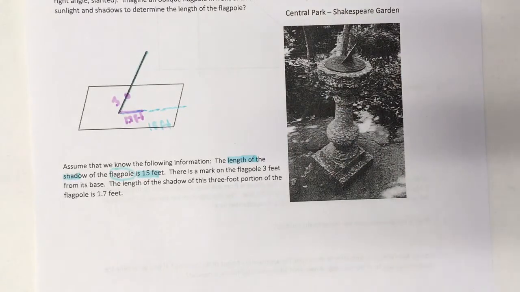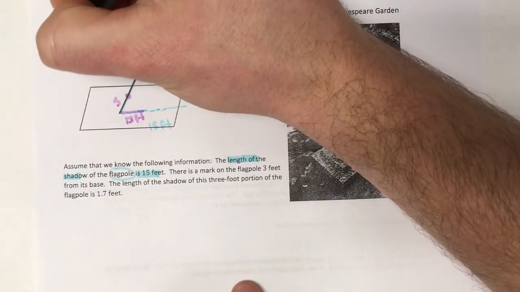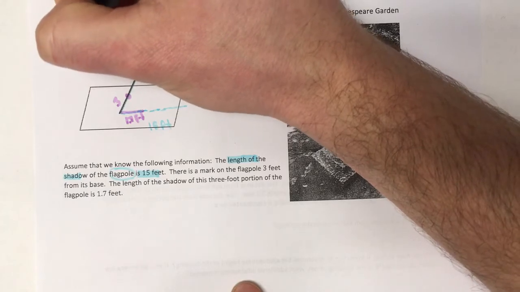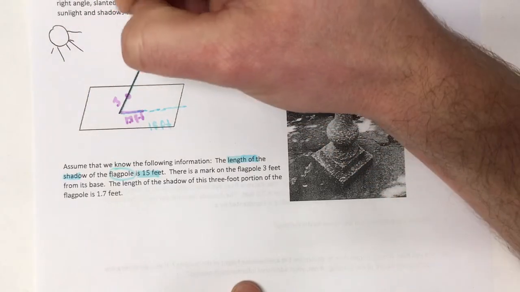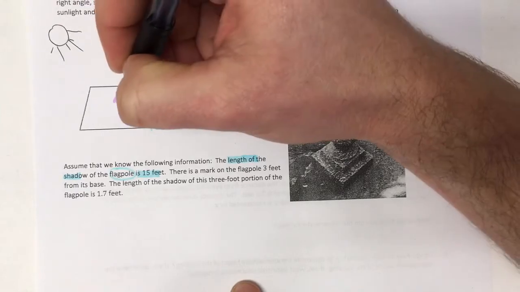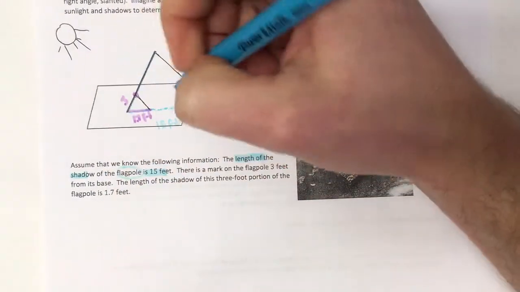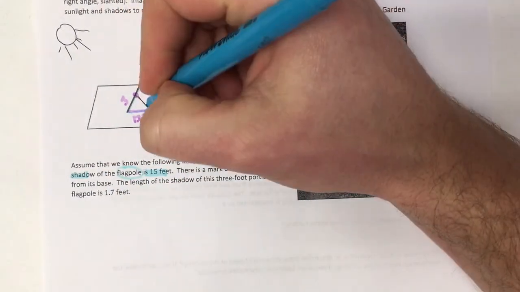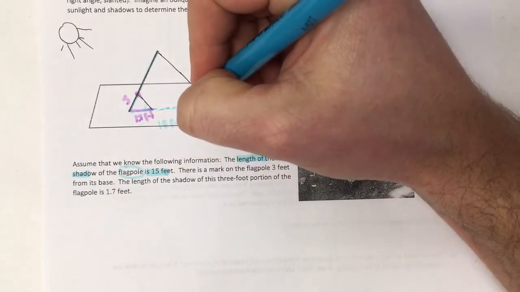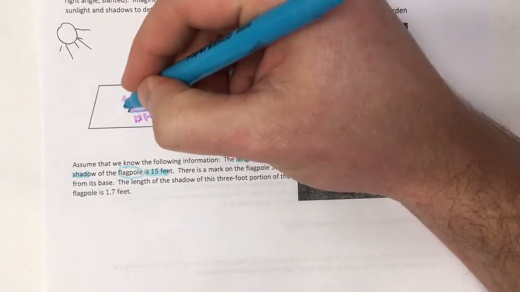As you're thinking about this, the first question you may have is, are they similar? Well, from the sun, you've got the same angle. The shadow from the top to the bottom comes this way and this way. So what we do know is that this angle is the same as that angle to the sun, and they share an angle.